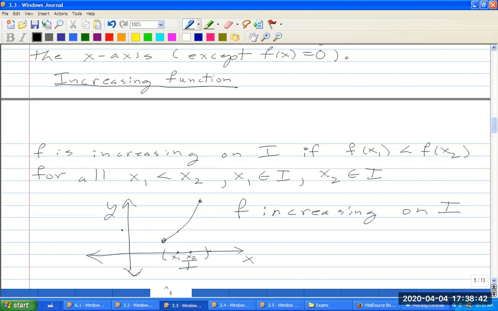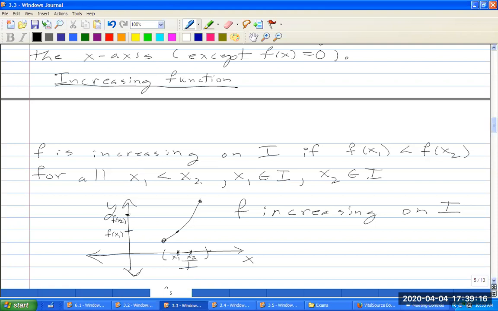Then this would be f of x1 and this is f of x2. So x1 here is smaller, and f of x1 here is smaller than f of x2, for all x1 less than x2.